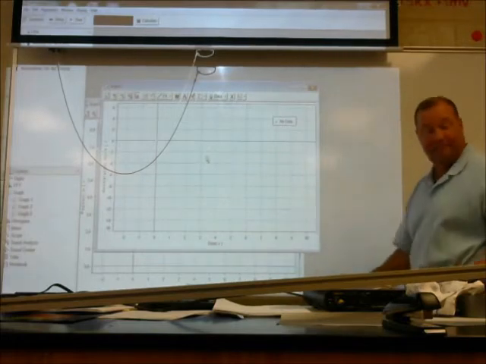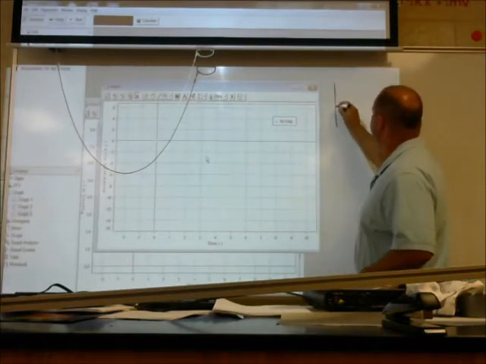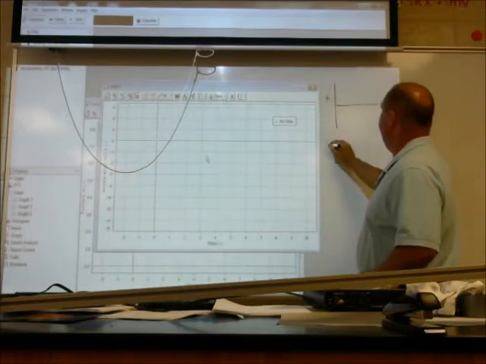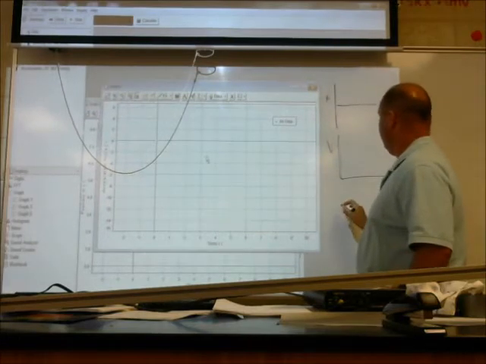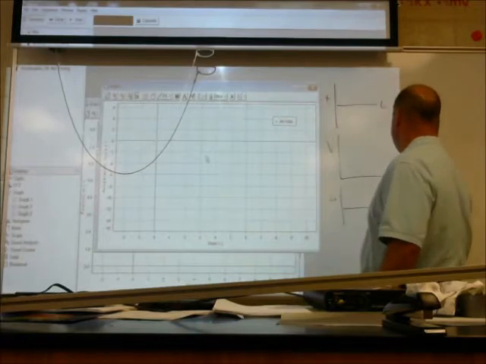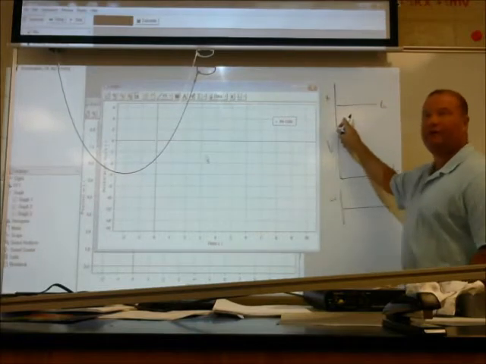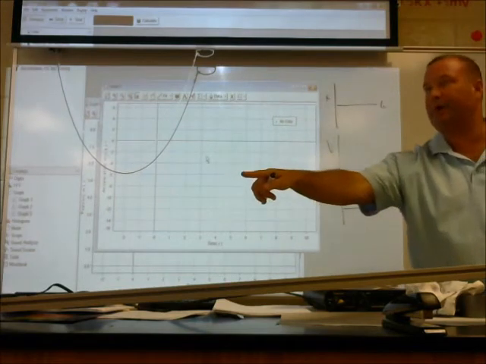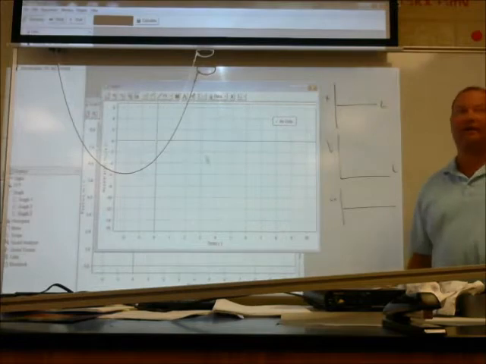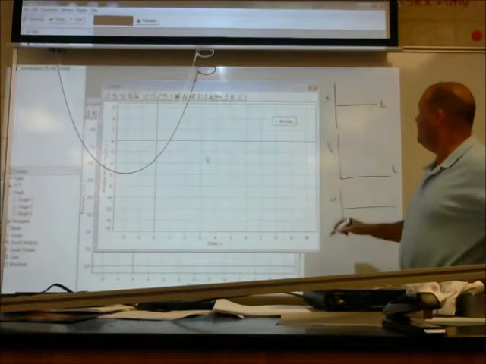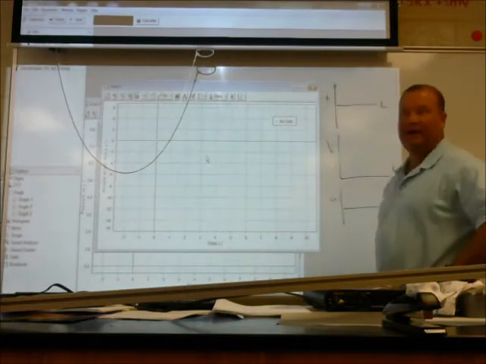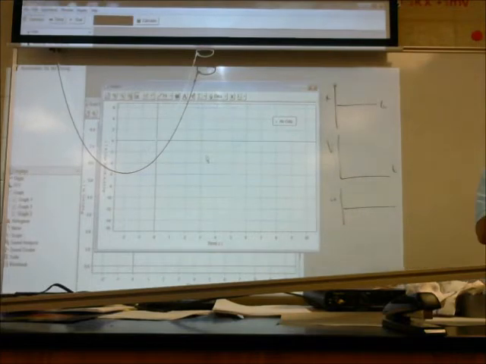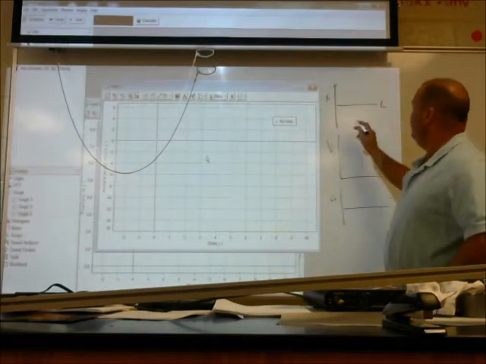For our position time, velocity time, and acceleration time, how's it going to start? Where's it going to start in relation to the origin, which is at the bottom of the ramp? On the positive side or negative side? Positive side. And where's it going to move when I let it go down the ramp? Toward the origin or away? Toward. So it's going to be going toward the origin.